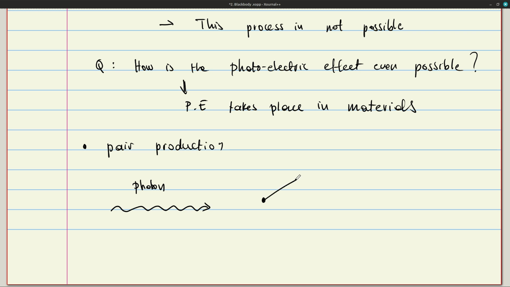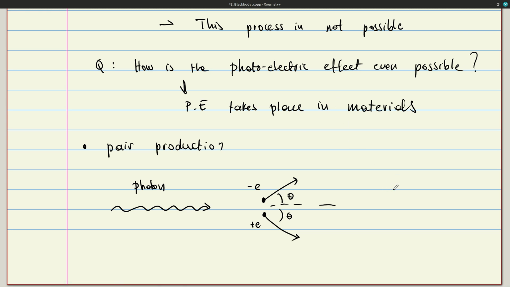So this is the electron, with charge minus E, and the positron has charge plus E. They emerge in a symmetrical way to satisfy the conservation laws.